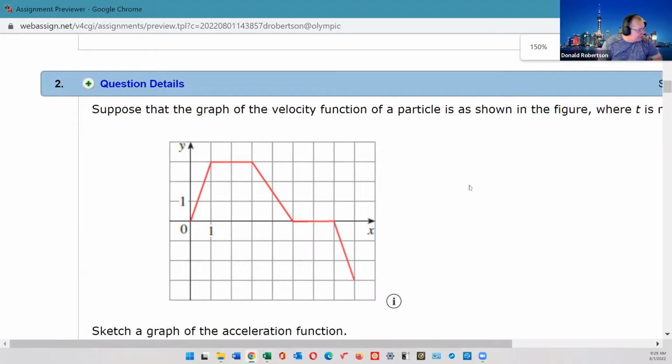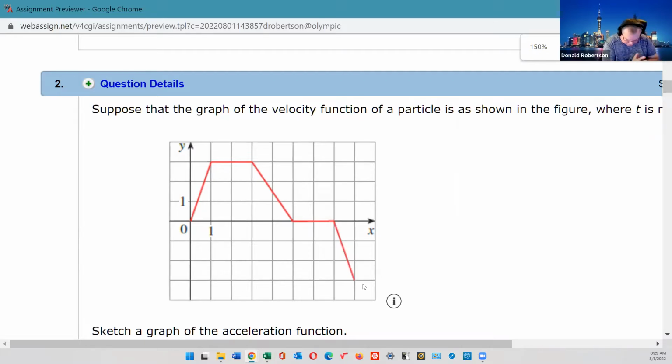So what that's telling you is that this is an object moving, and at any given time, this is its velocity. So for instance, at the 1 second mark, its velocity is 3 meters a second. At the 5 second mark, its velocity is 0. At the 7 second mark, it's 0. At the 8 second mark it's -3.